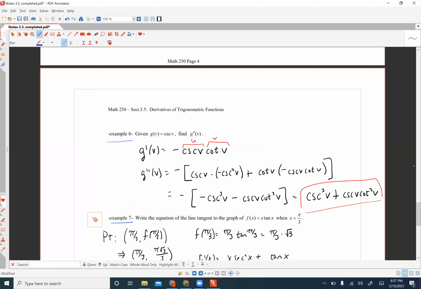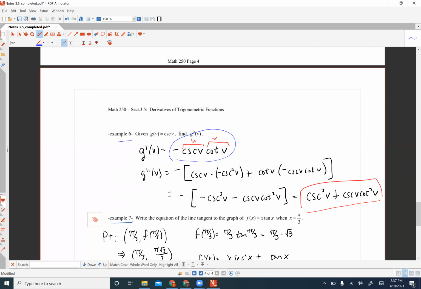Now what we want is the derivative of this function right there, minus cosecant v cotangent v. So it's the second derivative of cosecant of v. And we'll be doing a lot with second derivatives eventually in this course.